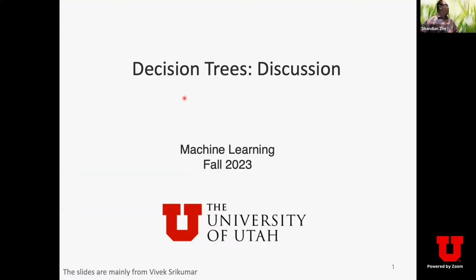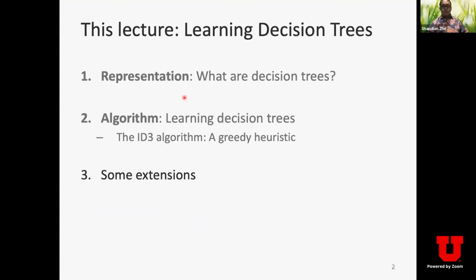Okay, so in the last lecture, we talked about the ID3 algorithm, right? The most popular and classical decision tree learning algorithm, right? So we know that the ID3 algorithm essentially fulfills a greedy heuristic to construct the tree to be as small as possible, right?